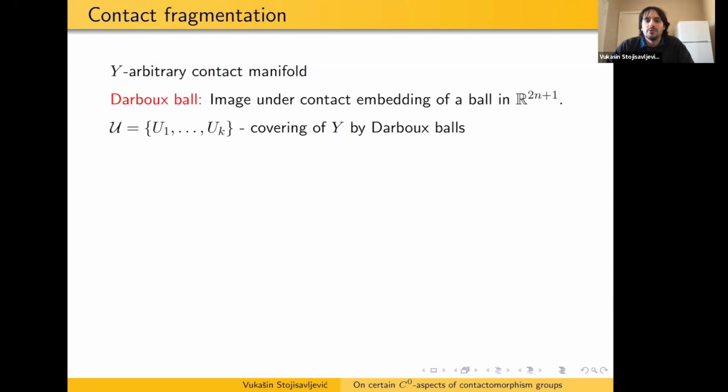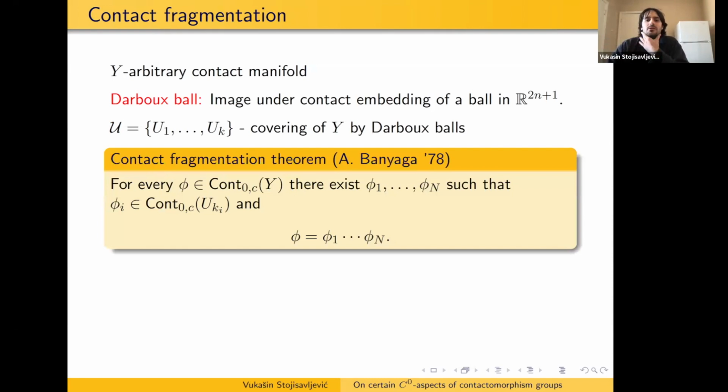So we cover the whole manifold by Darboux balls, and here is a result of Banyaga from 78. If you have a contactomorphism coming from an isotopy, then there are some elements phi 1 to phi n, each supported in one of these U_i, one of the Darboux balls, and your whole phi just decomposes into these elements.